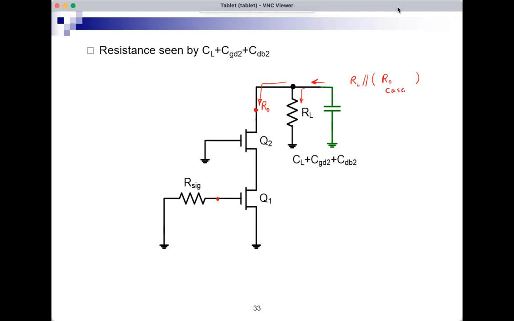And again, I have a formula for this. It's RO1 plus RO2 plus GM2 RO1 RO2. So I'm always trying to use these formulas without doing circuit analysis. Just recycle the results and apply the formulas without doing direct circuit analysis.